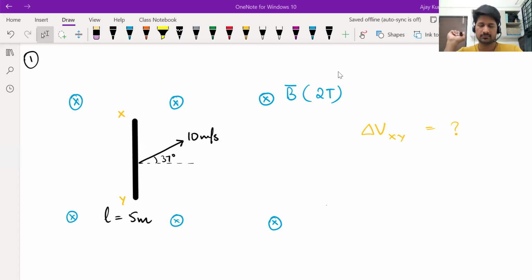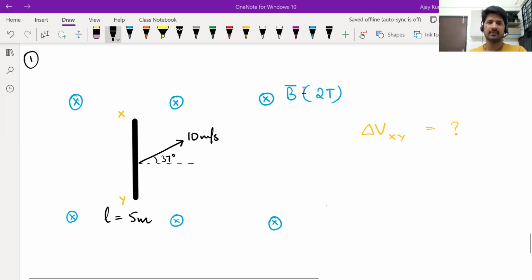The change in potential. See, don't call it change in potential. You have to find out the potential difference between the ends of the rod. Okay, or you can say EMF. What is the only way we know to calculate motional EMF? What formula had we just discussed to calculate motional EMF?